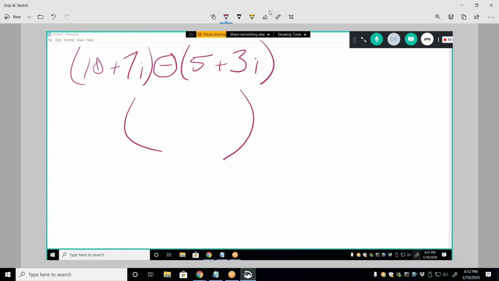So it's 5 plus 2i? 7i minus 3i, or 4i, I'm sorry. Okay. Yep. In other words, this negative sign applies to the 5. It also applies to the 3i. So it's 7i minus 3i. That's how you got your 4i.